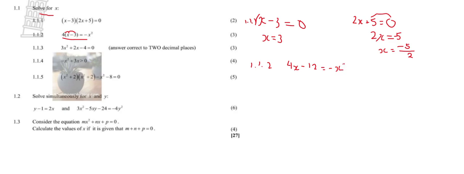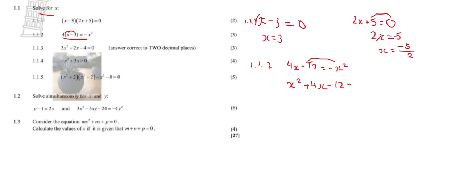It's very important that our x squared must always be positive, so we transpose it to the left hand side. When we do that, we have x squared plus 4x minus 12.